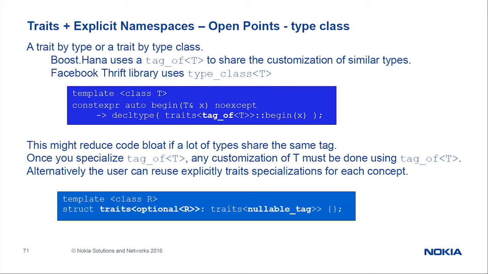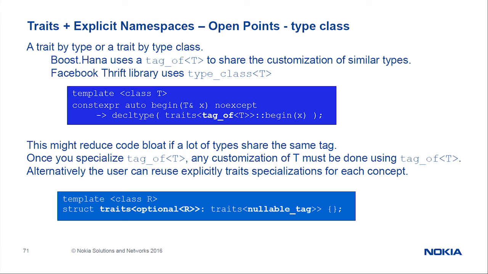HANA also uses some kind of category of the type, some kind of class to which these types belong. Then instead of using the threads directly on the type, it uses the threads on the tag of this class, of the type class.